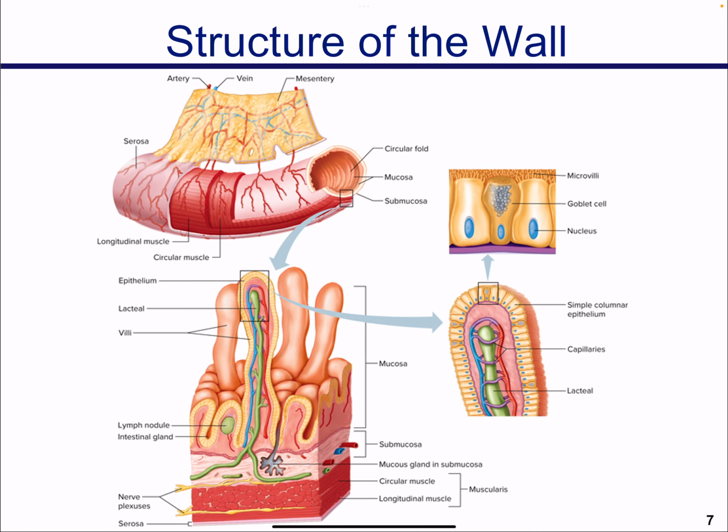All right. So when we consider the structure of the wall that makes up the digestive tract, we have our digestive tract here. As we look at this, we have the mesentery.